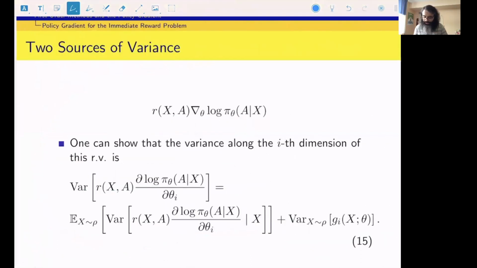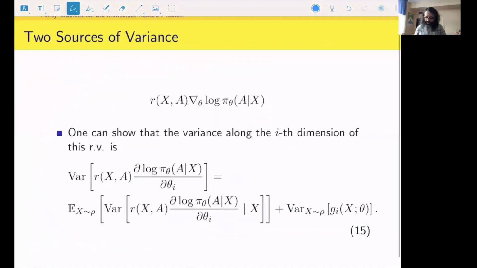Okay. Now, one can show that if you want to compute the variance, we can decompose the variance of this policy gradient along the ith dimension. Instead of the gradient, I'm just computing the partial derivative with respect to theta_i.